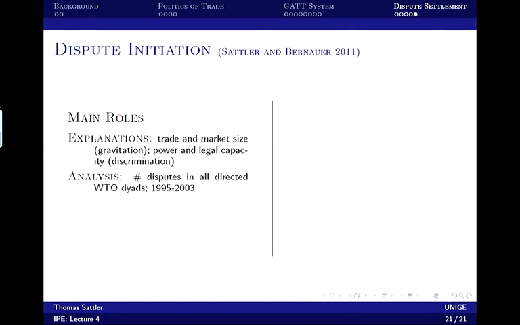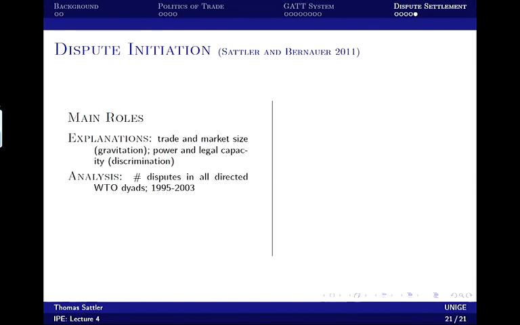We do it in a pretty similar way as Goldstein tested the effectiveness of the GATT. We collect data on a dependent variable, which is the number of disputes within the WTO. So how often did Switzerland file a dispute against the United States? And how often did Afghanistan file a dispute against Switzerland? Right?